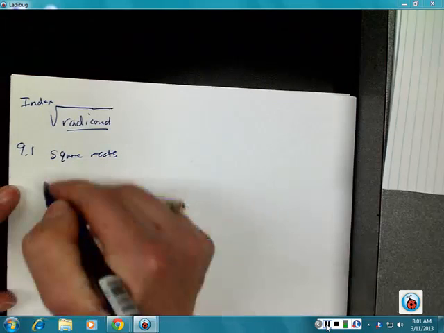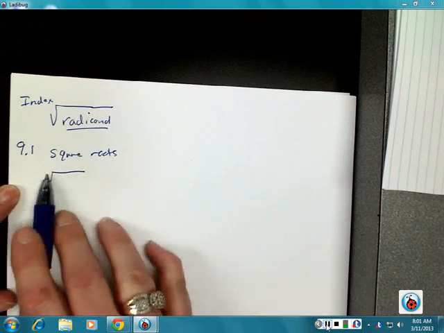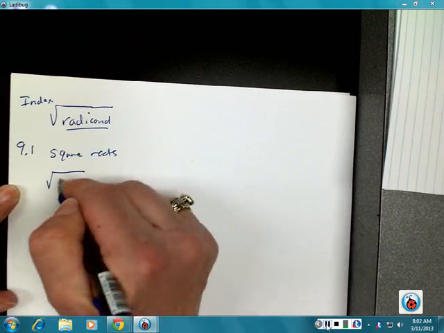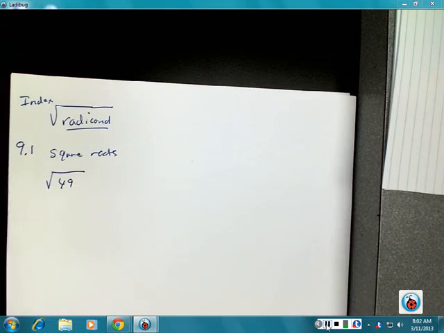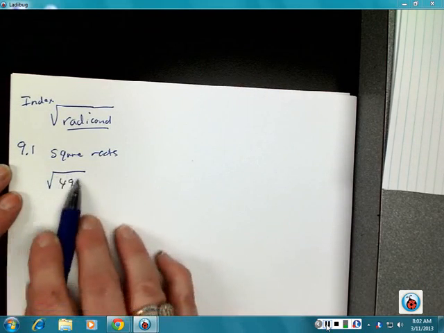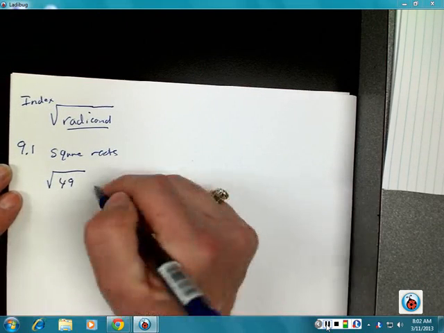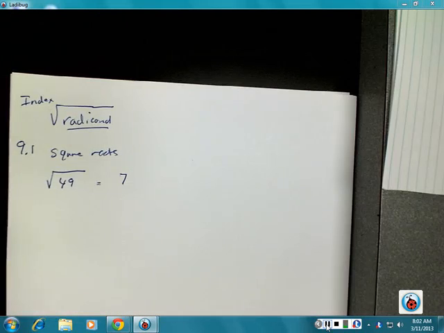Square roots: again, we've got our radical symbol, no index out here, and the radicand they might put underneath there might be 49. If they put 49 under there, what we are looking for is two values that are identical to each other that give me 49, but my single answer is only going to be one of those.